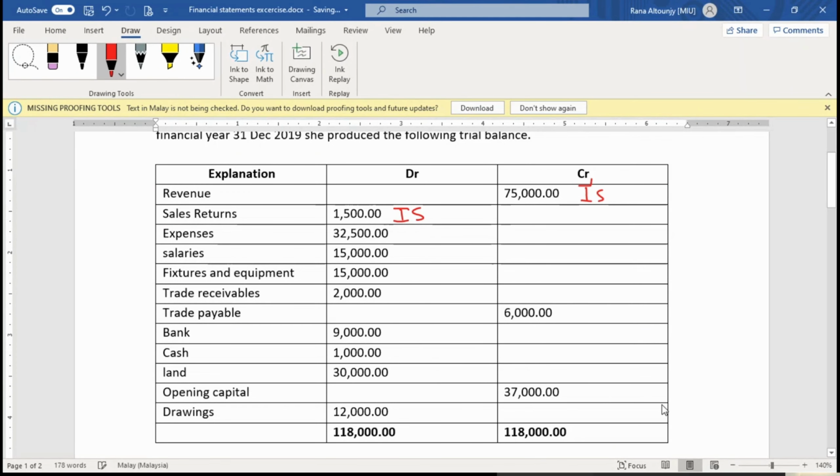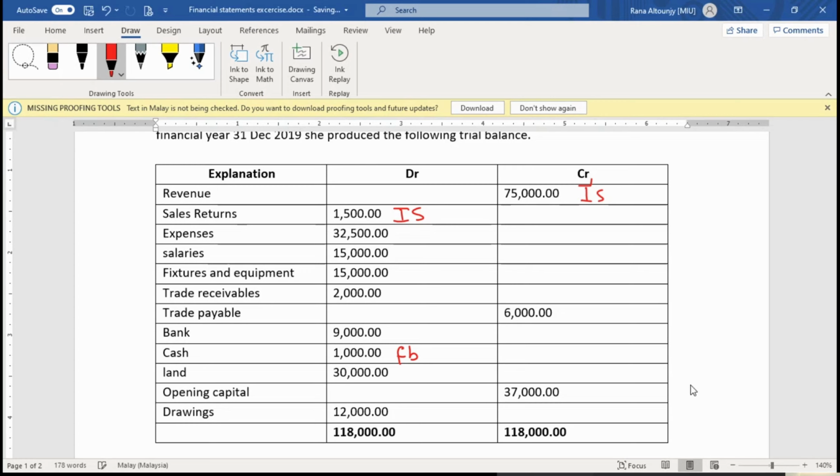Where do we put the cash? Financial position or income statement? Financial position, correct. Cash is financial position statement.